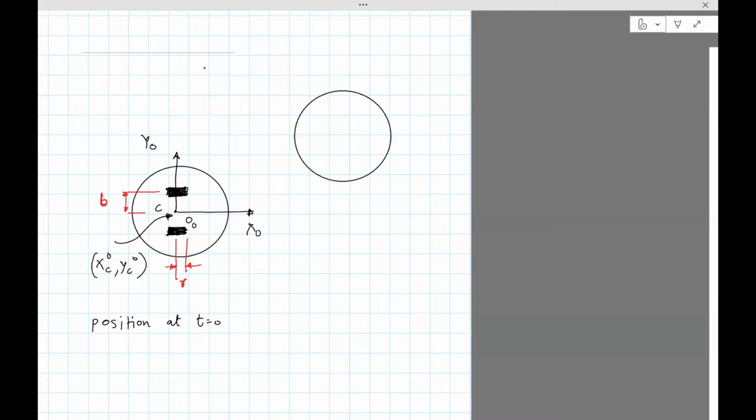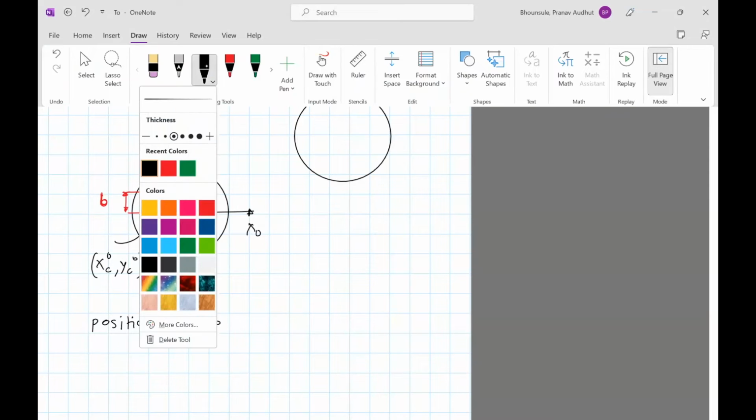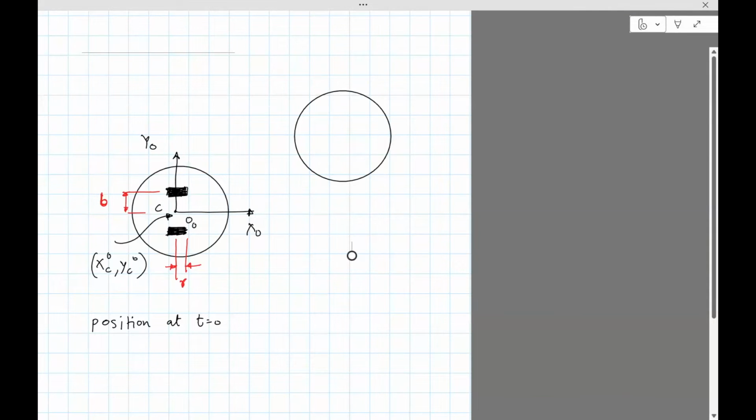And so let's say that this car rotates, moves, and so the new position is shown. I need to draw a new axis. So this is my axis of frame 1.